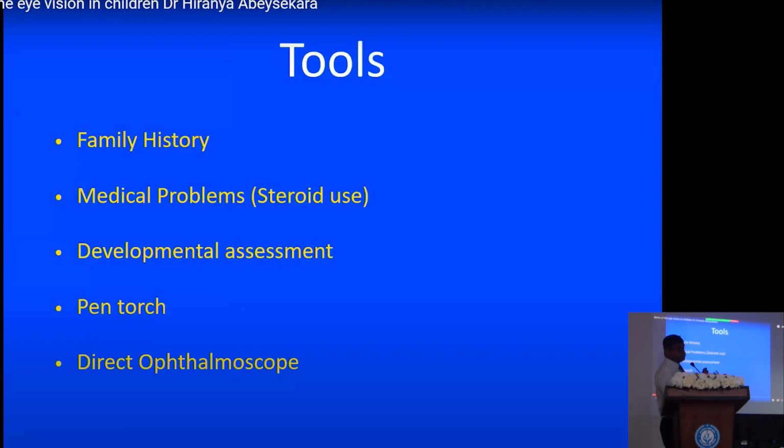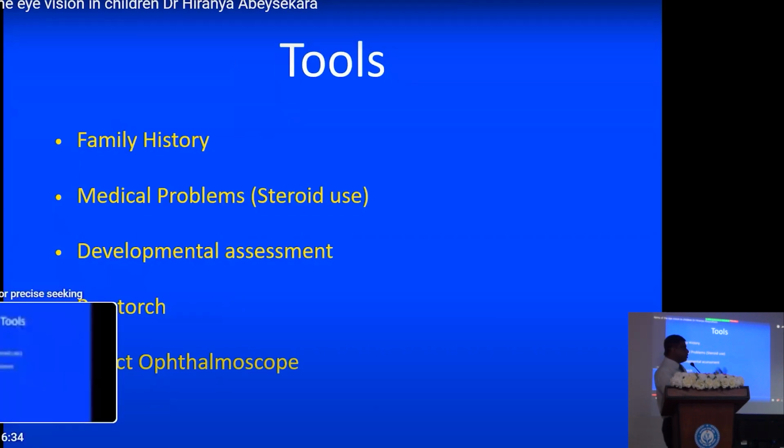Checking with the direct ophthalmoscope is very important. Most doctors are scared to use it because as medical students, we hardly get the opportunity to use it. Because we don't know that instrument, we hardly use it. But it's very important. To check the red reflex, you need to know how to use the ophthalmoscope. You don't need to check the fundus in each and every patient, but you need to check the red reflex.